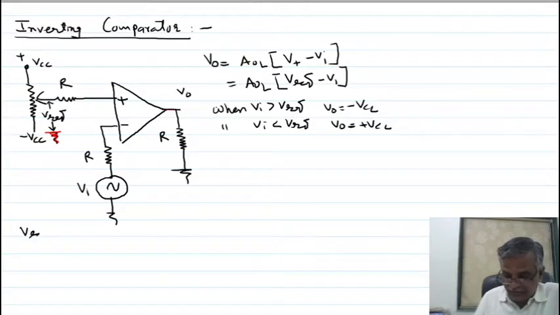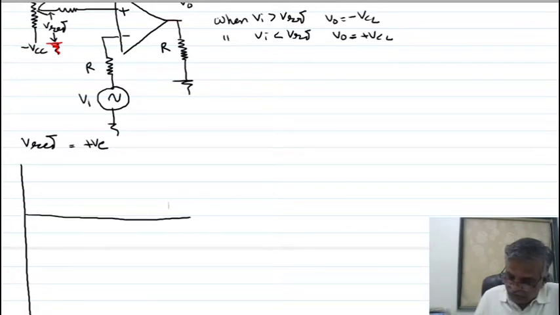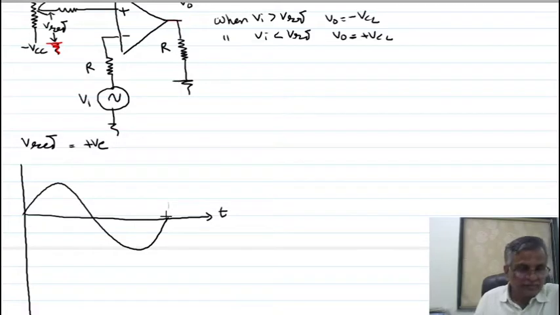Let me say V reference I am keeping positive. What will be my output waveform? This is my voltage axis. This is your time axis. This is your input signal you are giving. And I am keeping the reference voltage positive.